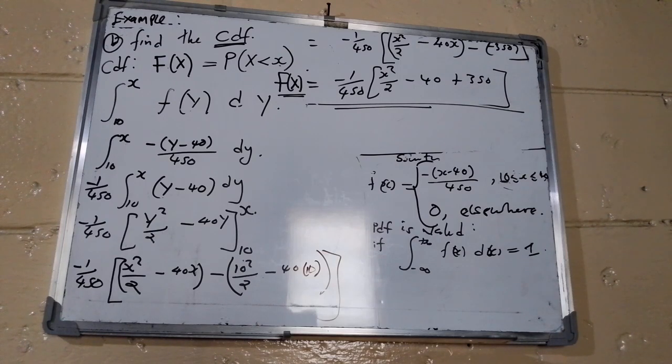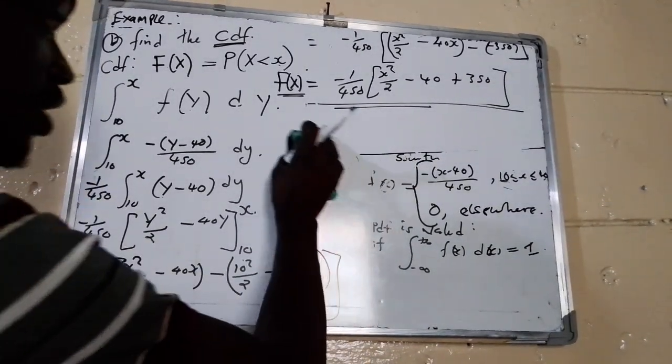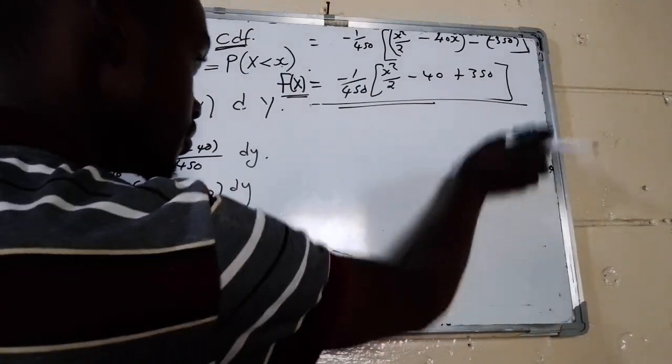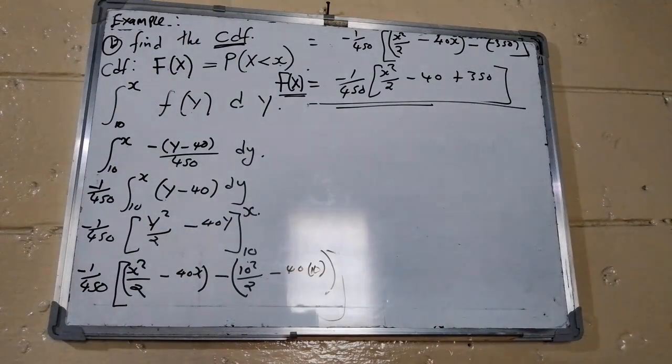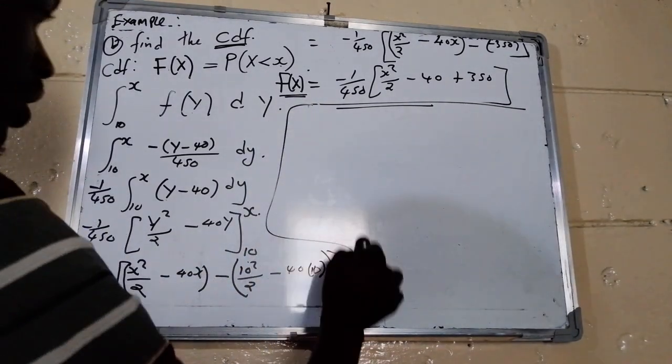We're okay? Now remember, this was the PDF, which was the second part. The third question instructed us to find the probability that the lecturer arrives between 7:20 and 7:30. What is the probability that the lecturer will arrive between 7:20 and 7:30?